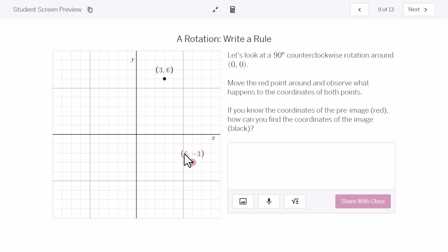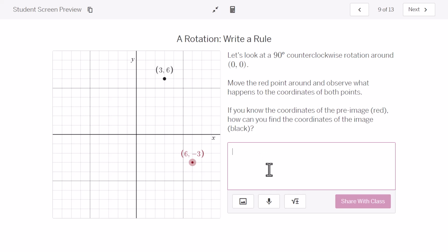Again, if we look at these numbers, 6, -3, and +3, 6, I see that the x value becomes the y value, and the y value from the pre-image becomes the x value, but it switches from negative to positive, switches to its opposite. So let's see if we can put that into words.